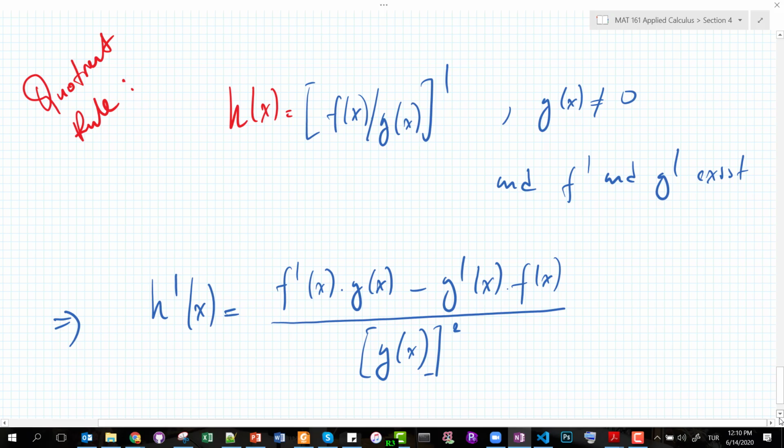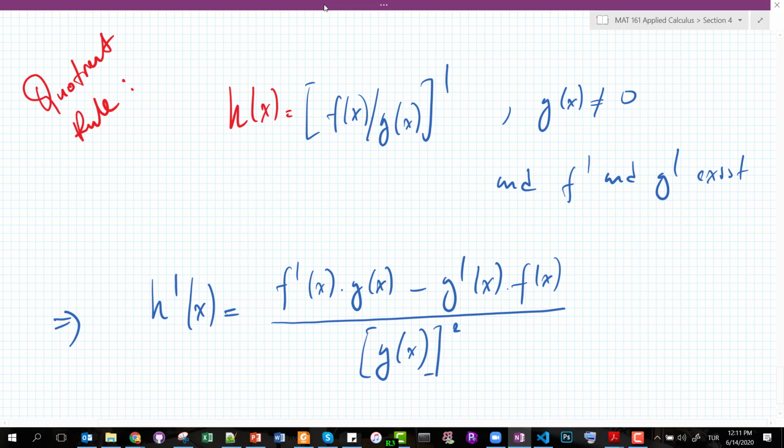We can obtain the quotient rule in a similar way. You need to use the limit definition of the derivative to obtain the quotient derivative rule, guys. We're not going to show how we obtain it here. As you see, the top part of the formula will be similar to the product rule.